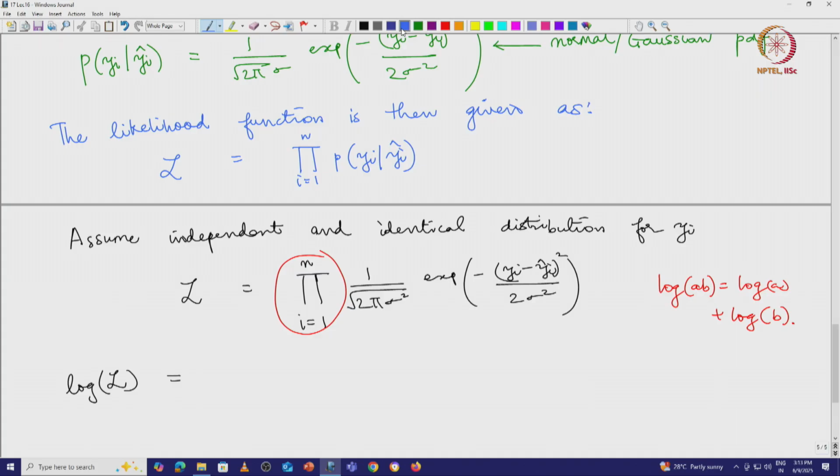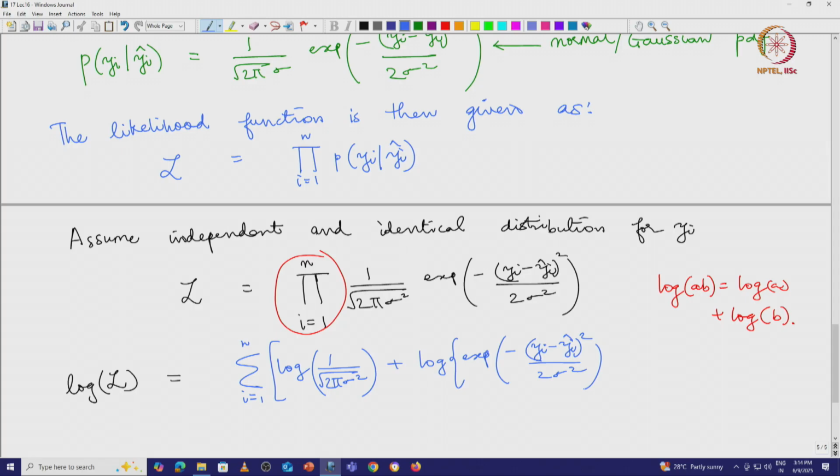So this term we can write as sum i going from 1 to n log of 1 over square root of 2 pi sigma squared plus log of exponential of minus yi minus y hat whole squared by 2 sigma squared.